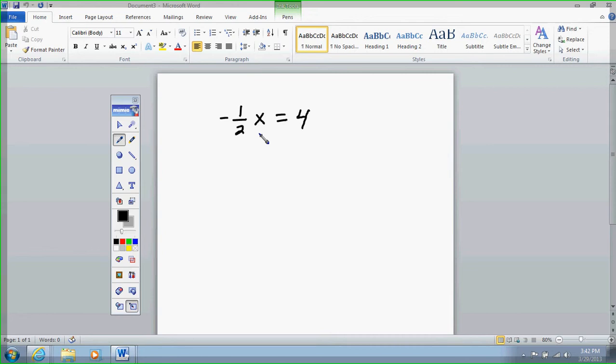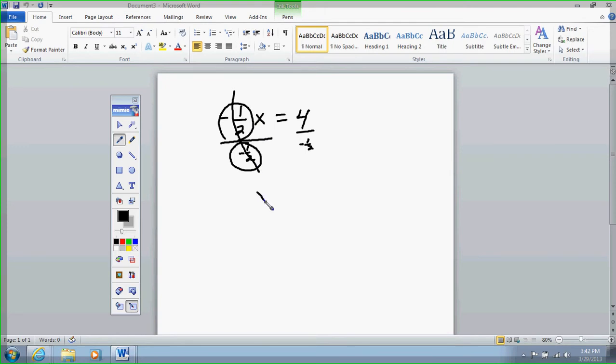Now this can get a little bit tricky. But I'm going to write this in two different ways. I have to divide both sides by negative half. And on this side, I should already know that anything over or divided by itself is just 1, and those cancel, and that's no problem at all.